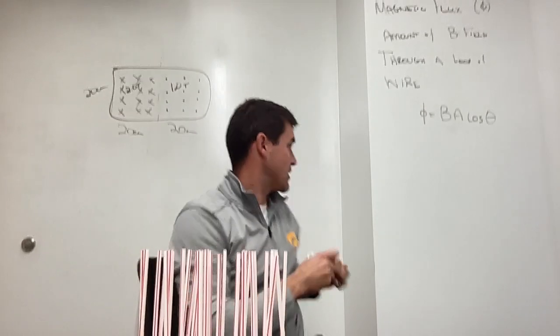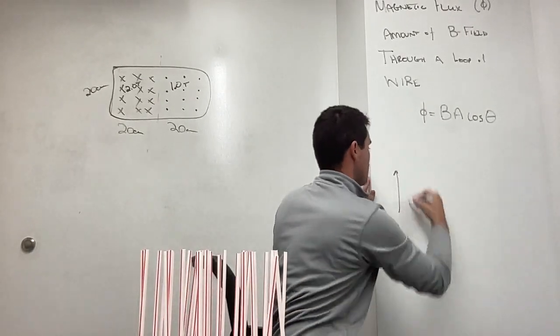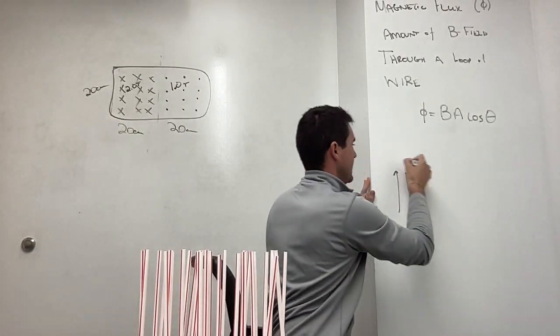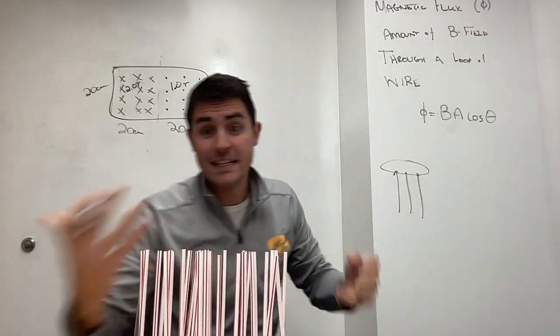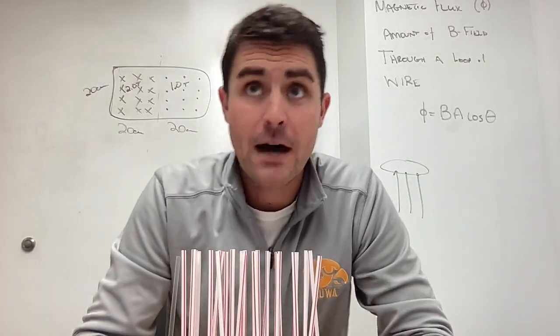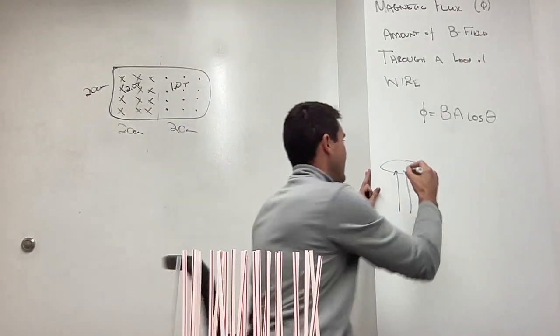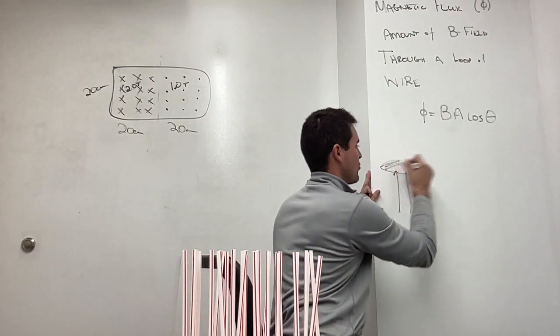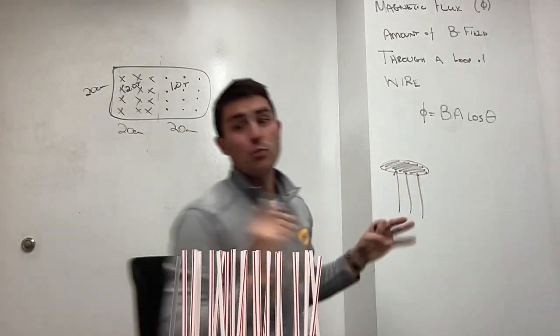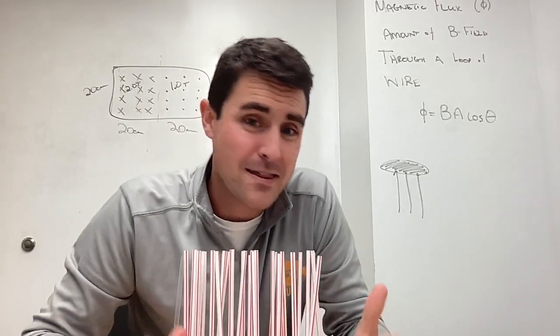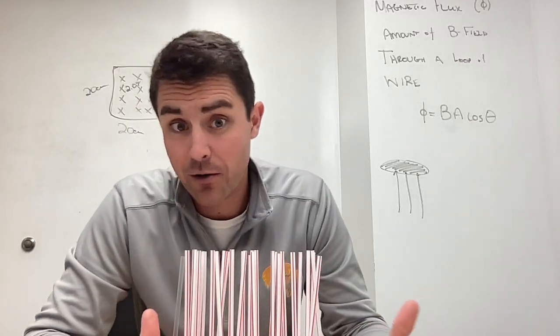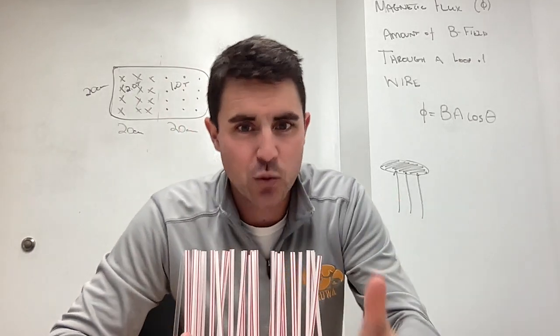Let's look at an example. If I have my B field going up like this and my loop of wire like this, we would say that's a maximum amount of flux. Here's how we can think about this. If this cross-sectional area is my loop of wire, the vector, the direction of area, is perpendicular to its plane.